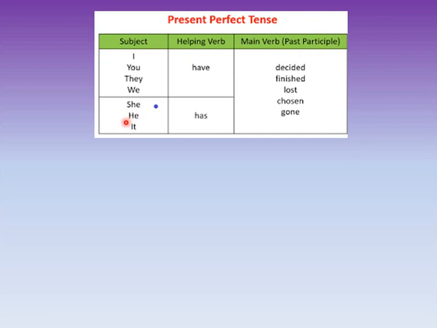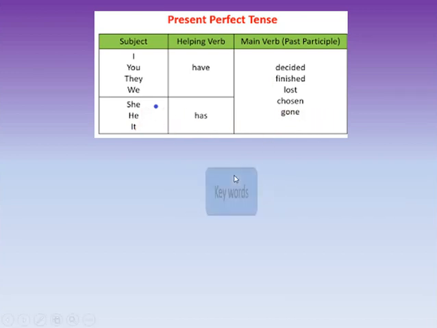And with she, he, and it, we use has plus past participle or verb 3. I have decided. You have finished. We have chosen. They have gone. She has decided. He has chosen. It has gone. For example, we say the cat has gone.